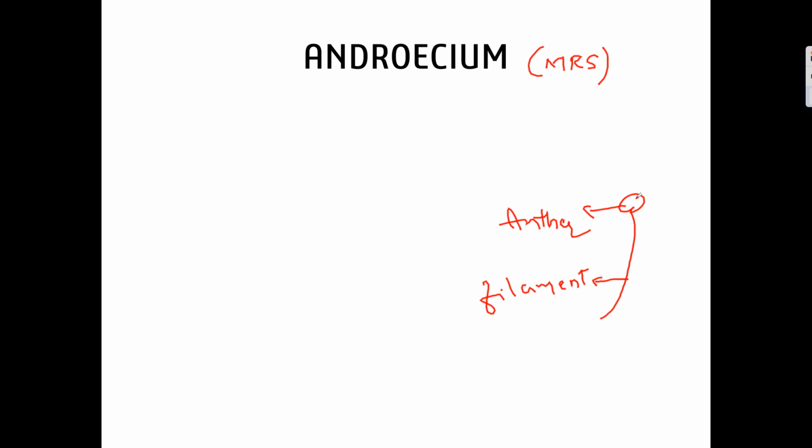What is the Androecium? It is the male reproductive structure of a plant. It has an anther and a filament. This is the filament and this is the anther. Here the pollen grains are produced.